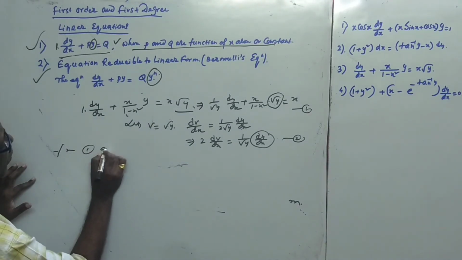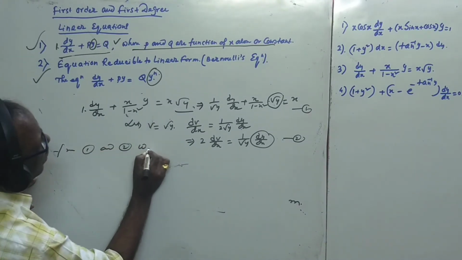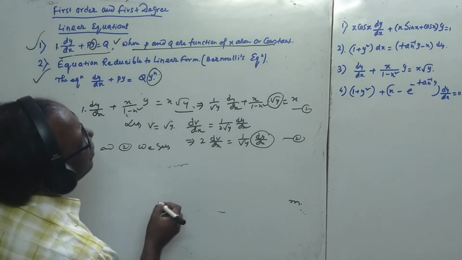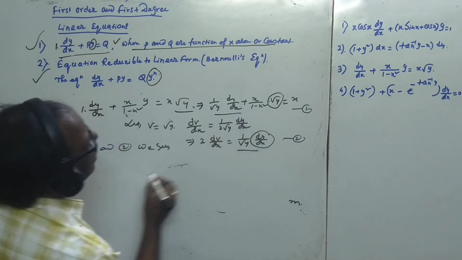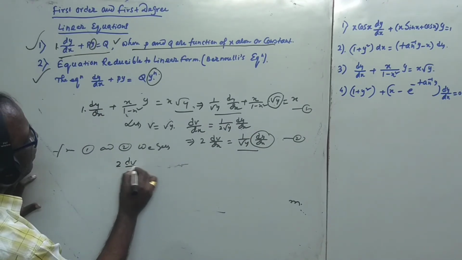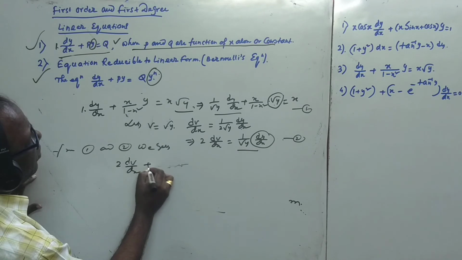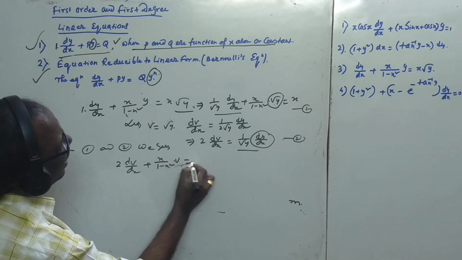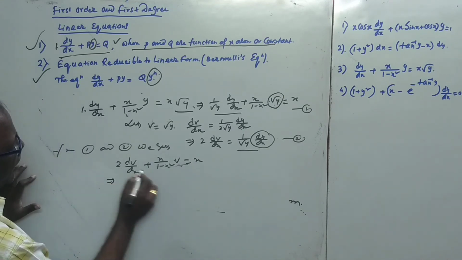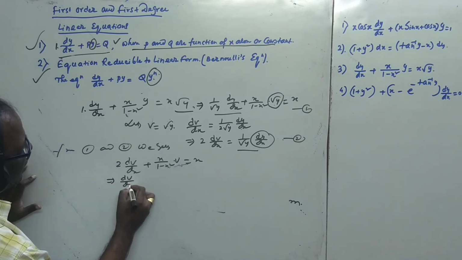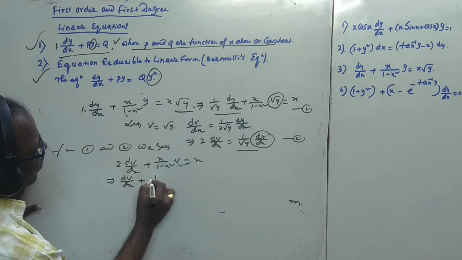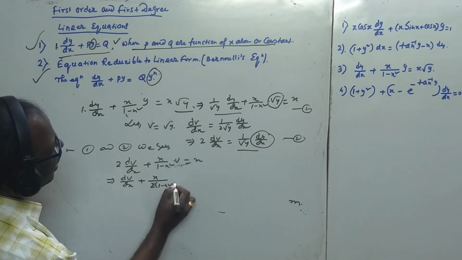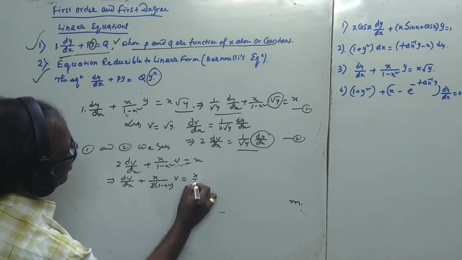From 1 and 2 we get 2 dv/dx plus x by 1 minus x square times v equals x. Dividing by 2, dv/dx plus x by 2 times (1 minus x square) times v equals x by 2.